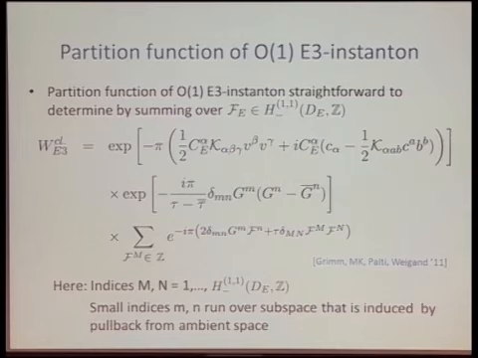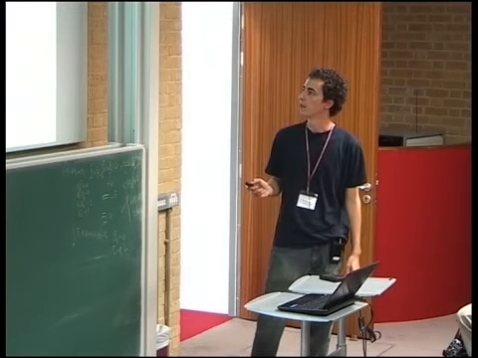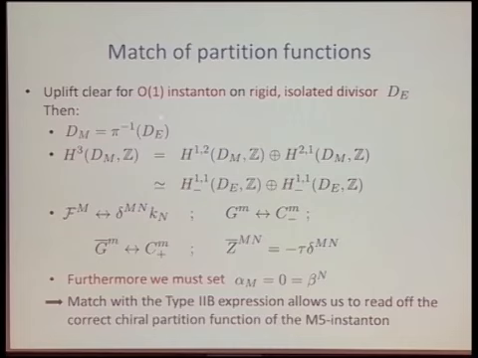Let me mention that this result is given for O1 E3 instantons. For these instantons, the flux is purely in H11 minus, so the orientifold even part is projected out. The reason we consider this is because the uplift is much clearer in this case, especially if you specialize even further to a rigid and isolated divisor.